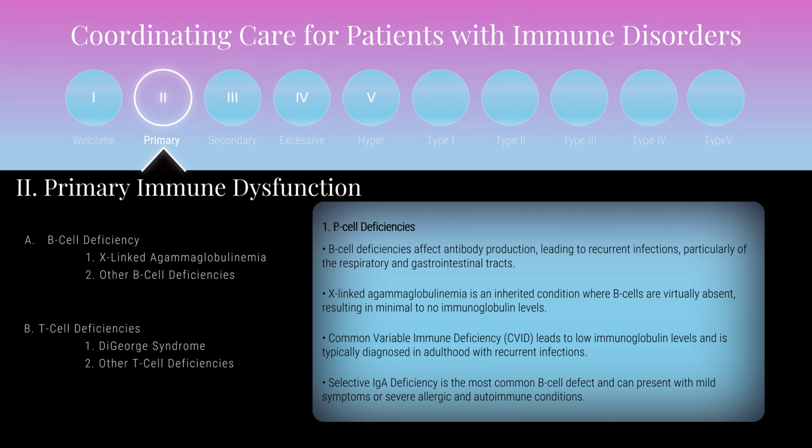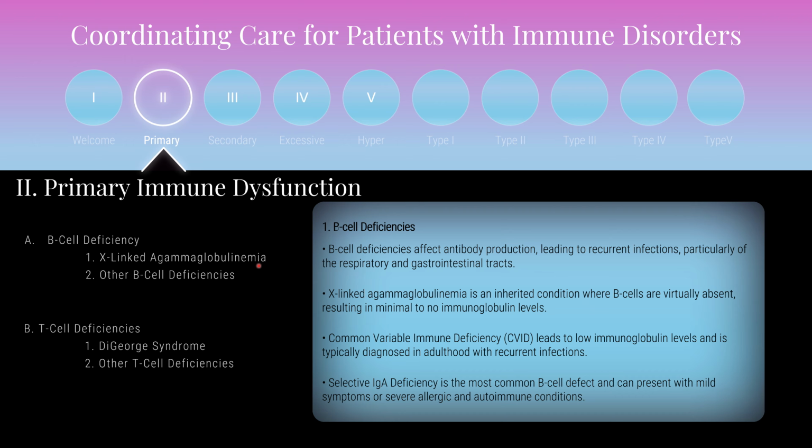So now we are in primary immune dysfunction, and it has B cells and T cells, and B cells have these two. And here, T cell. As you saw in my concept map, the B cell has these two, and they have AP, patho, clinical, and then the nursing management, same for all of them.